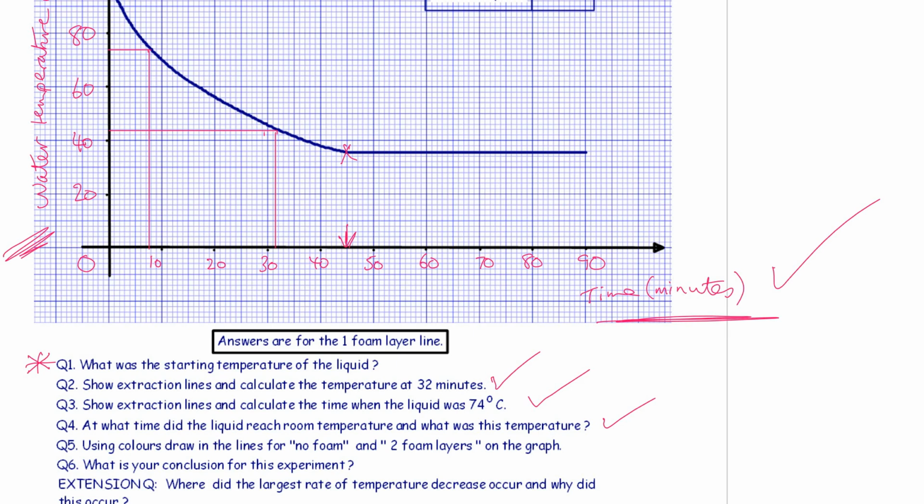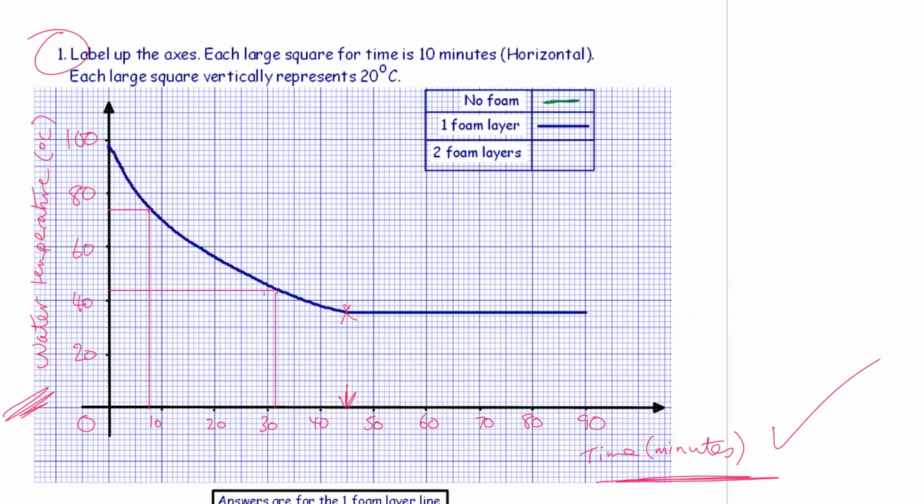Question 5, use colours to draw in lines for no foam. With no foam, the value will drop very quickly. It will hit 36 degrees and then it won't go below that. So there is my value there for the no foam.